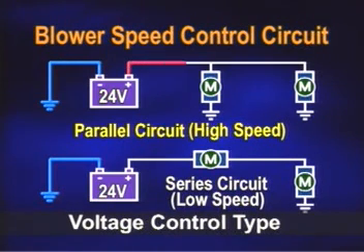In the case of blower high speed, the circuit is composed in parallel, where power of 24 volts is supplied to the blower motor and it rotates at high speed. In the case of blower low speed, the circuit is composed in serial. Dropped voltage power is supplied to the blower motor and it rotates at low speed.